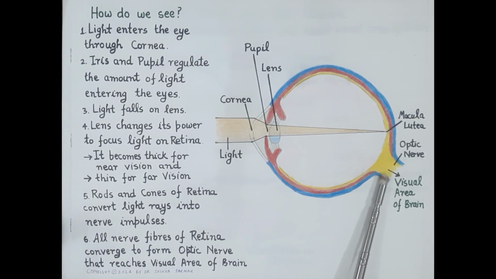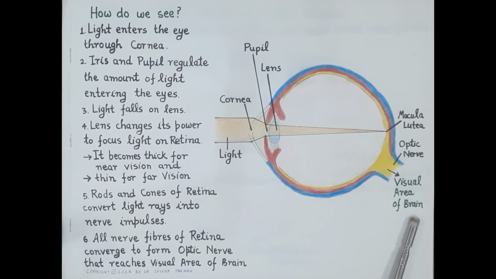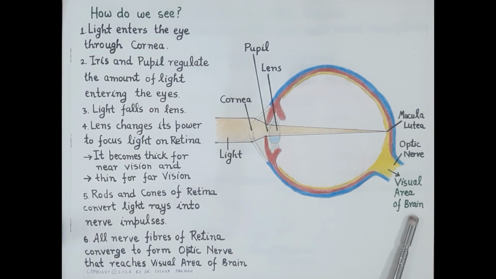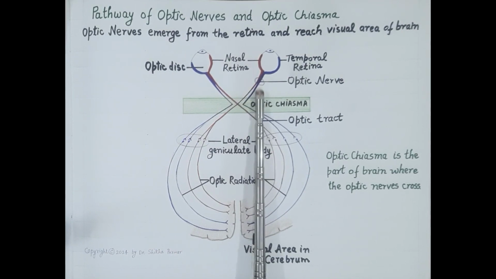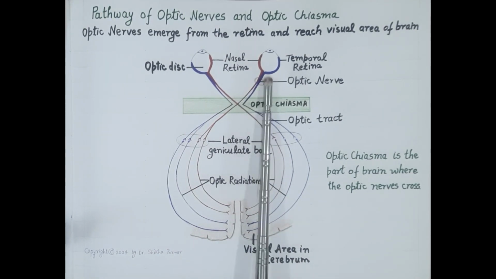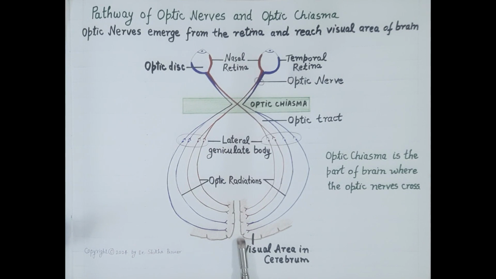This optic nerve carries these impulses to the visual area of the brain and thus we are able to see. This optic nerve emerges from the retina and reaches the visual area of the brain or the cerebrum. This pathway of the optic nerve, as discussed earlier, is known as the optic pathway.